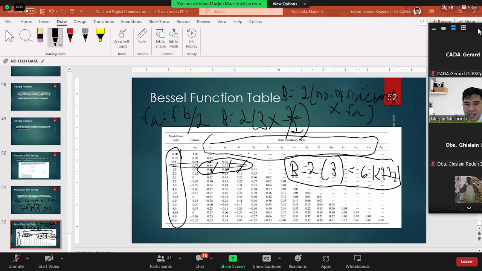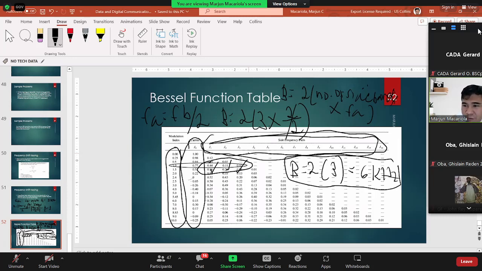so this is a Bessel function table. Okay, as you can see, different modulation index has different sidebands. Okay, so this one is your carrier signal. Okay, so that is not considered your sideband. Okay, so J1 to J14. So these are considered the sidebands.